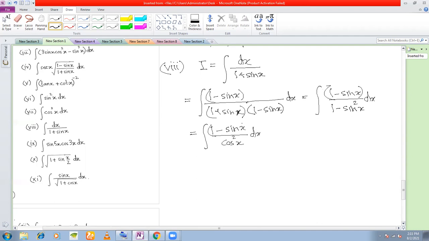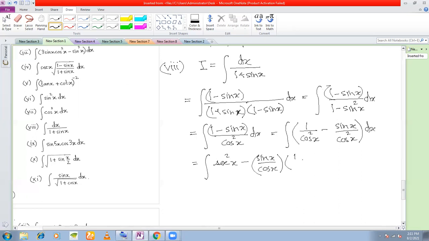Okay. Now we would like to separate integral 1 by cos square x minus sine x by cos square x dx. So this becomes integral sec square x minus this becomes sine x by cos x into 1 by cos x. Whole thing integrated with respect to x.